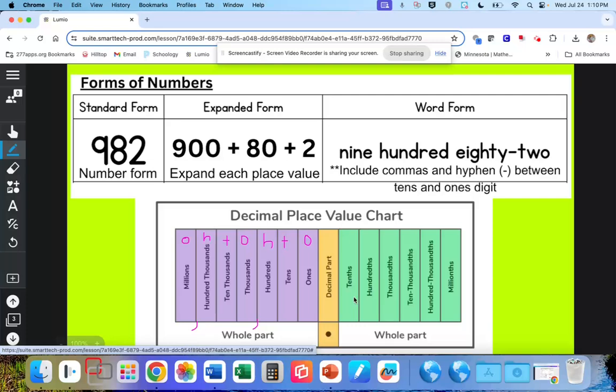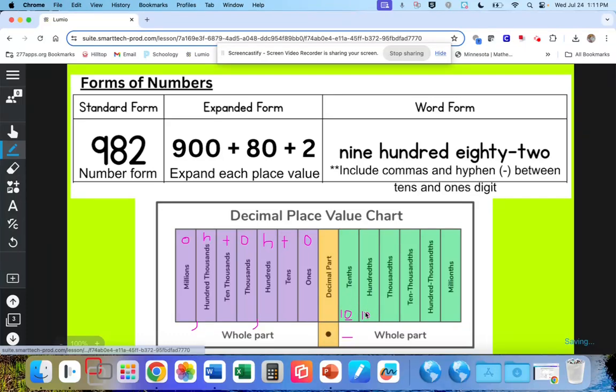Now, after the decimal, we don't have a place value called oneths. The reason for that being is, in theory, we count the 1 as the decimal point, and then everything after it is a 0. So in 10, we have 1 zero, so it is one place after the decimal.